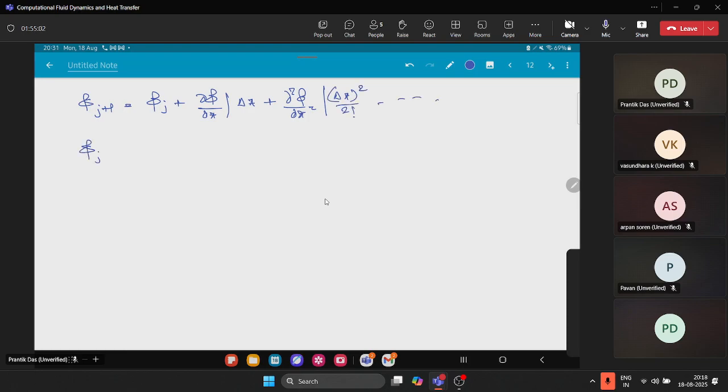Similarly, phi j minus 1 is phi j minus d phi dx delta x and so on. j is for the y and i is for the x, so it can be i, it can be j. As of now I'm using the j subscript, but it should be i. Otherwise, I can't get with it.